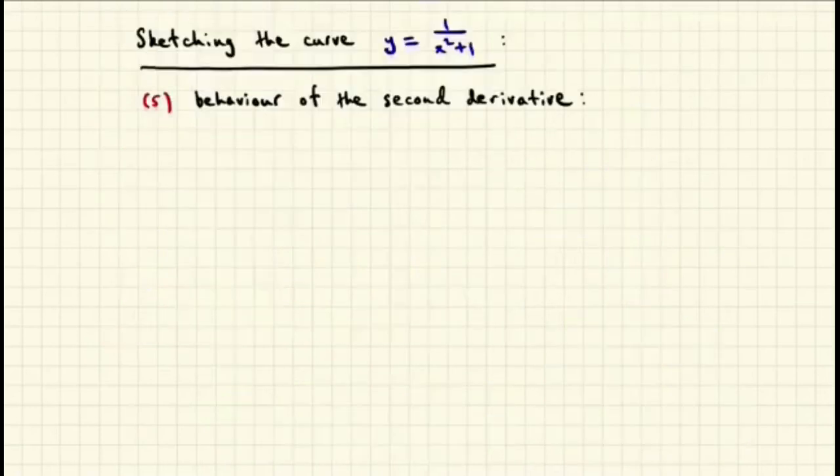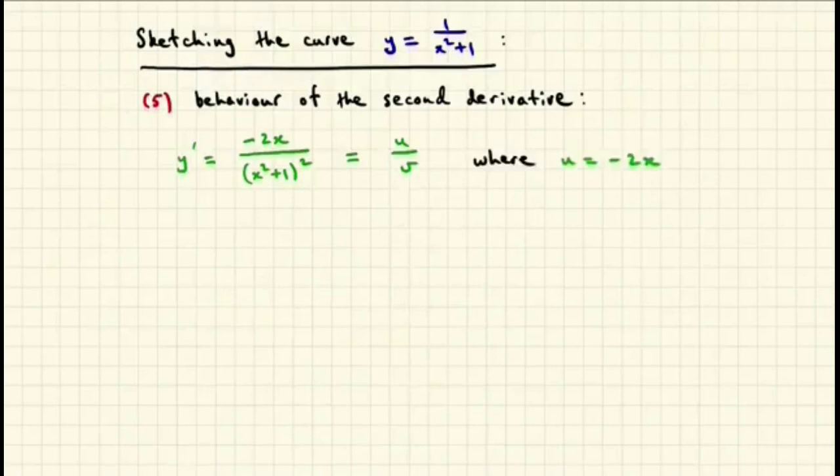To investigate the second derivative, we write y dash as u over v, where u is the numerator 2x, and v is the denominator x squared plus 1 all squared.